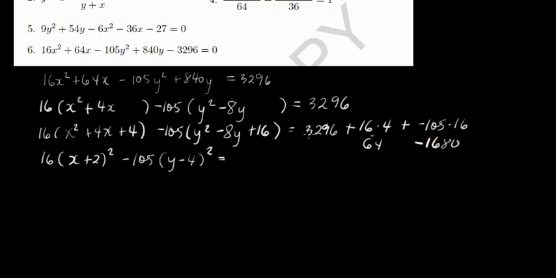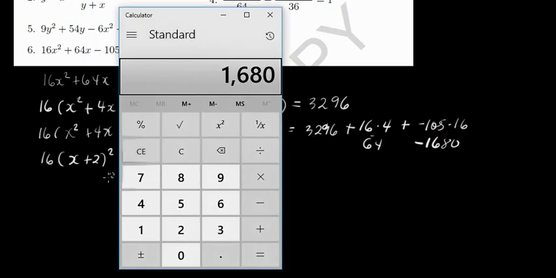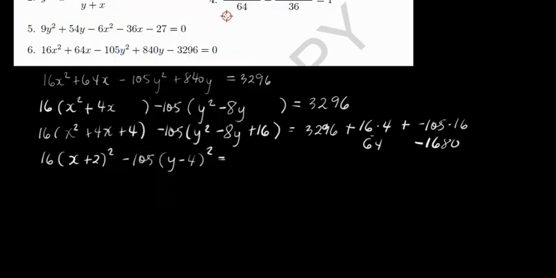Okay. And then let's add 3,296 plus 64 minus 1,680. So we have 1,680. Okay, so we have equals 1,680.